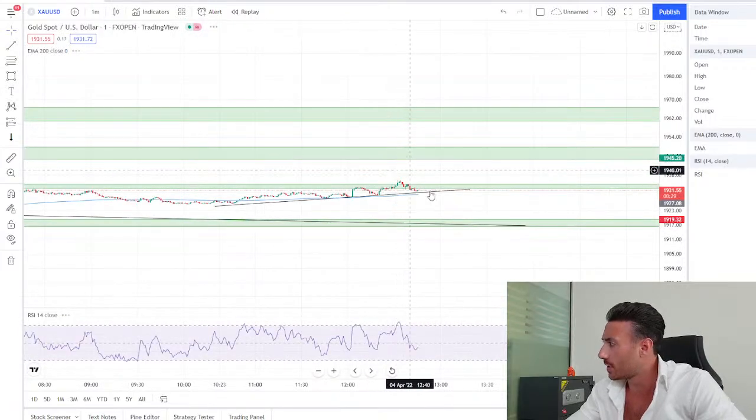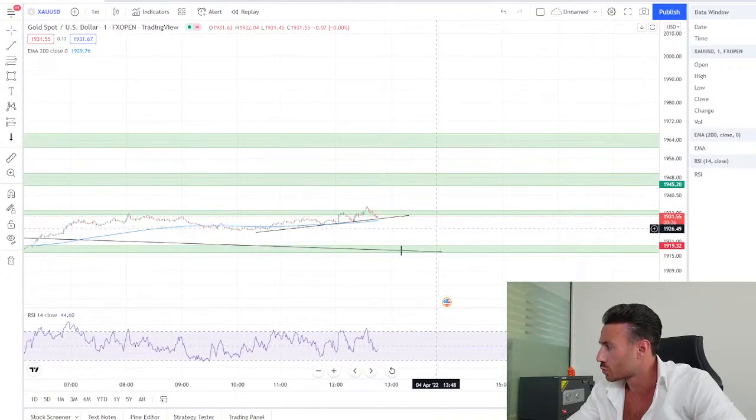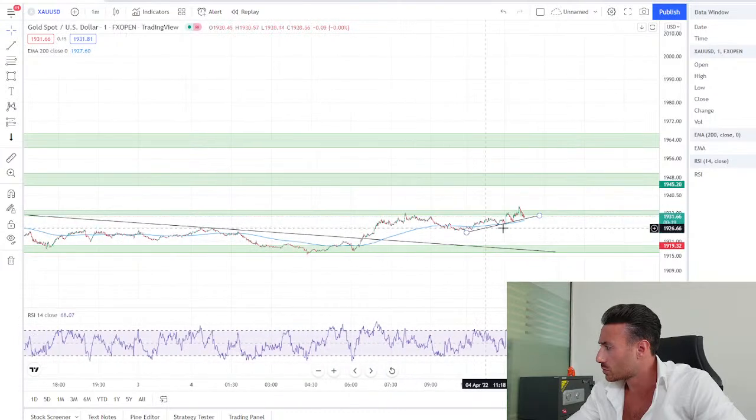This is the 1 minute chart. A break below this trend line could mean next targets at 1926 and 1921.